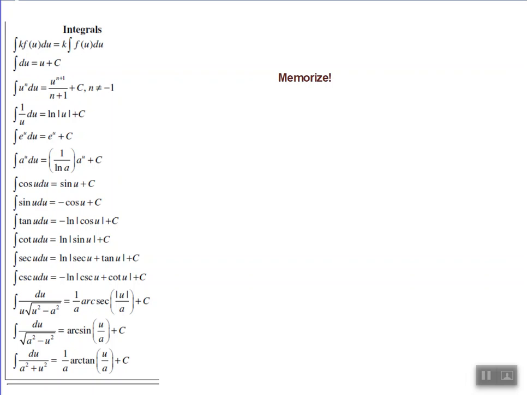We already talked about how the integral of e to the x is e to the x, and we had talked about how the integral of 1 over x is ln of x. Make sure that you know all of your trig stuff and your arc trig. This is a common one that you'll see: the integral of a to the u is equal to 1 over ln a times a to the u.